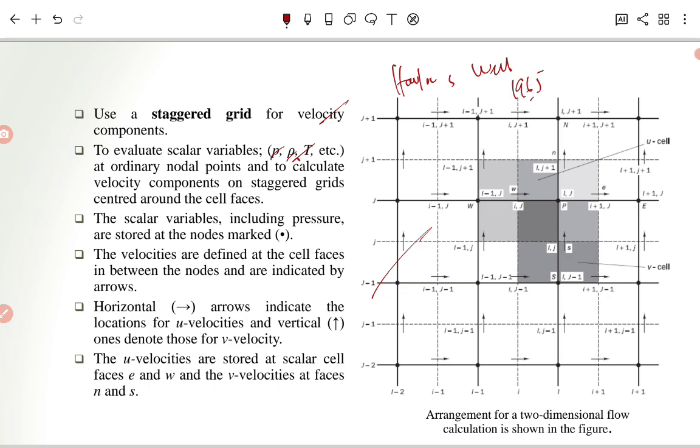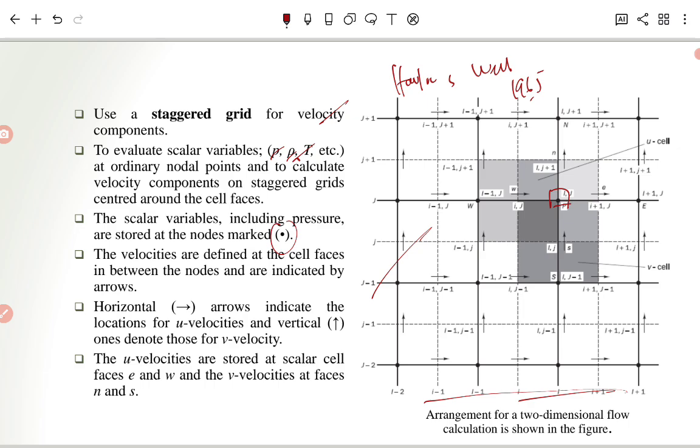The arrangement of the two-dimensional flow calculation is shown in this figure, and the scalar variables, including pressure, are stored in the nodes marked as this one. The velocities are defined at scalar cell faces, in between the nodes, and are indicated by arrows.